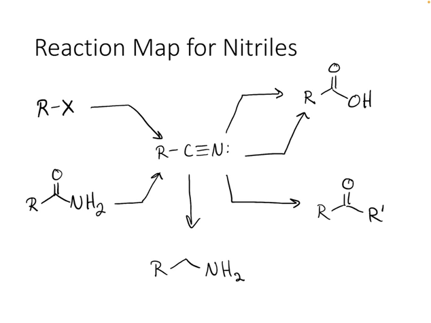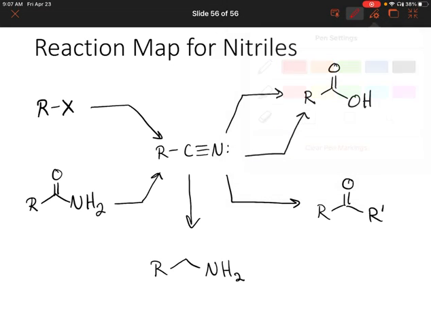So pause the video and see if you can fill in all of the missing components here, so the blank arrows. And when you're done, you can unpause the video and we'll go over it together. Okay, so let's fill in those missing pieces.